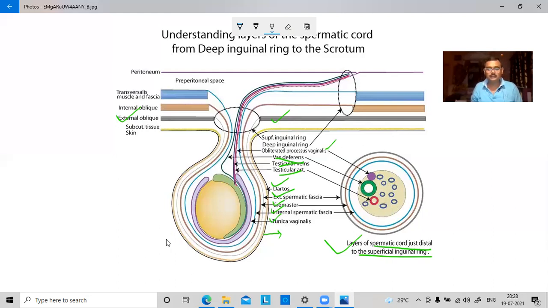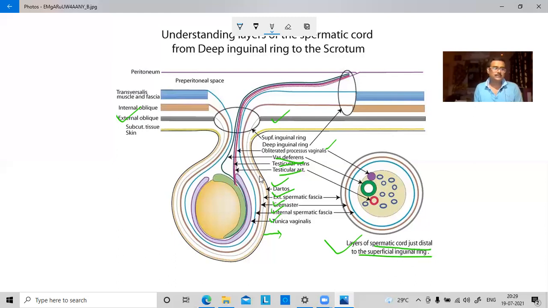But here, in the scrotum, we have the dartos muscle and the skin over it, right? The arterial supply is from the superficial and deep external pudendal artery and venous drainage is into the great saphenous vein and internal iliac vein.